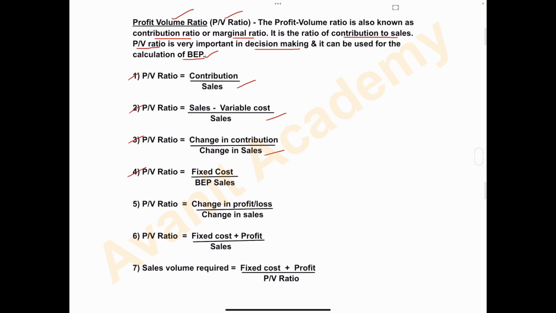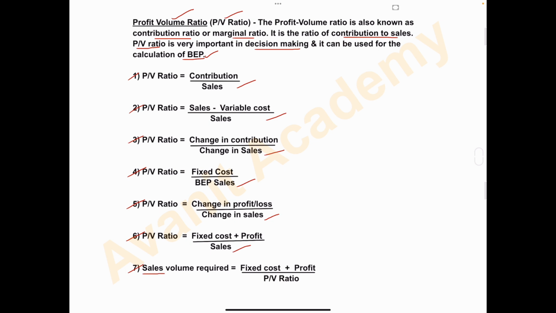Fourth, PV ratio is equal to fixed cost upon BEP sales. Fifth, PV ratio is equal to change in profit or loss divided by change in sales. Sixth, PV ratio is equal to fixed cost plus profit divided by sales.